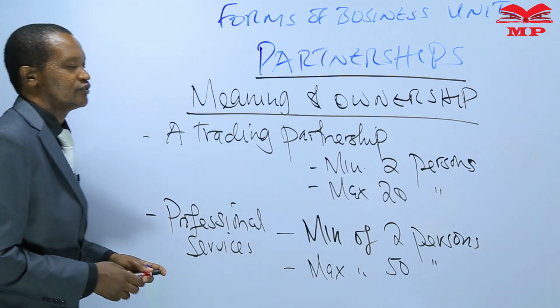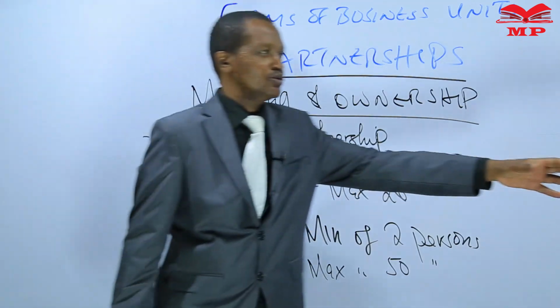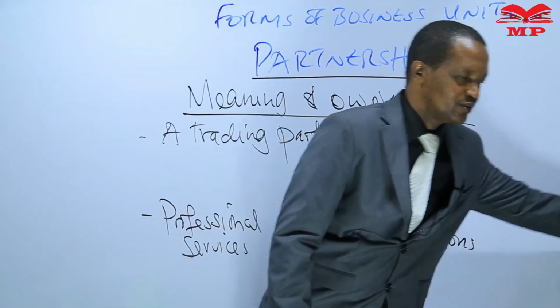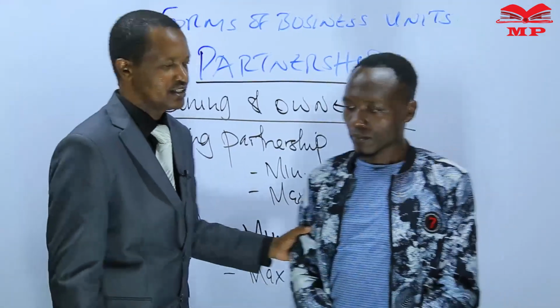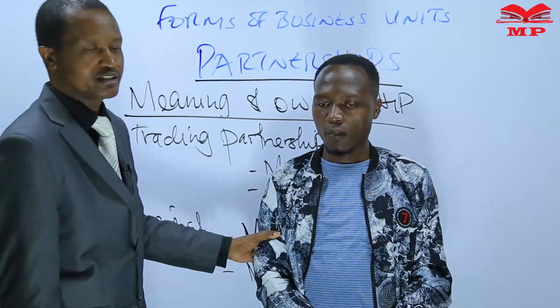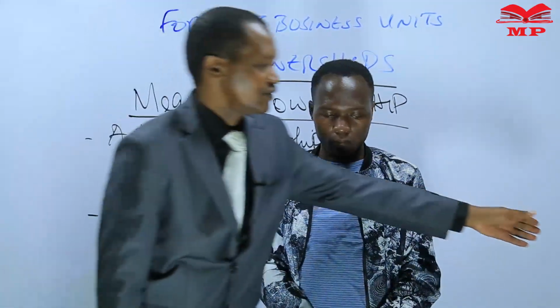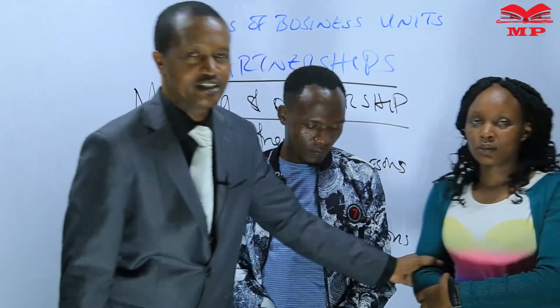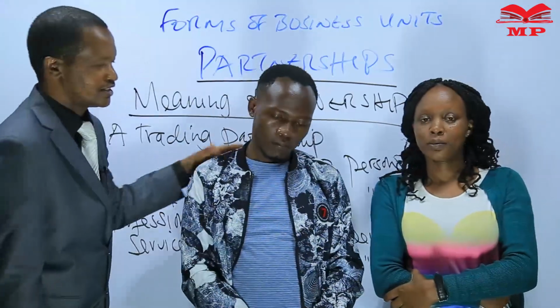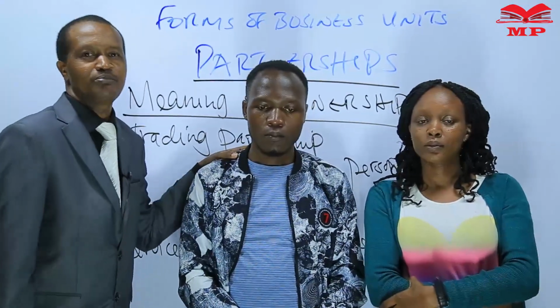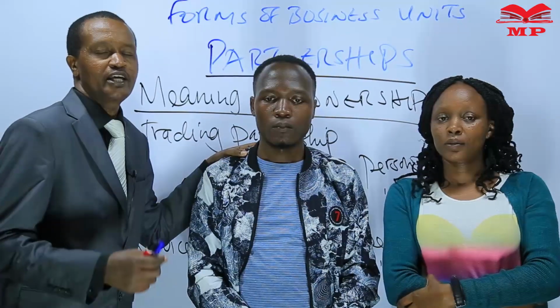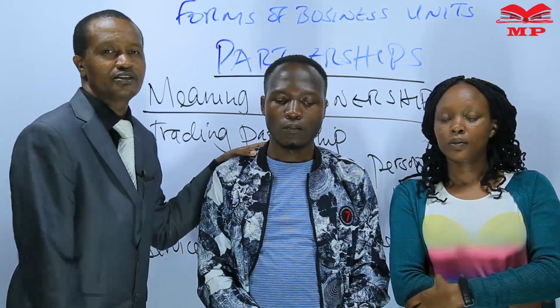So, for example, if Pato, my friend here is called Pato, is running a partnership business together with another friend of mine, RT, okay? Pato and RT are in a partnership business that imports electronics.